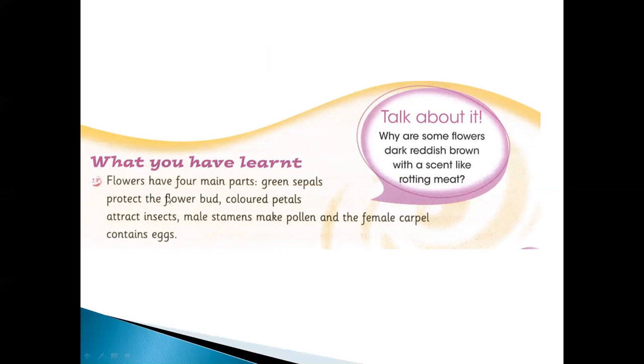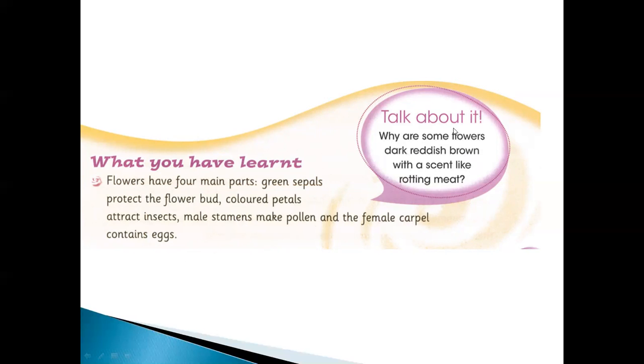Green sepals protect the flower bud. Coloured petals attract insects. The male stamen makes pollen, and the female carpel contains eggs. Sepal protects the flower bud, petal attracts insects, stamen is for male, and carpel is for female.